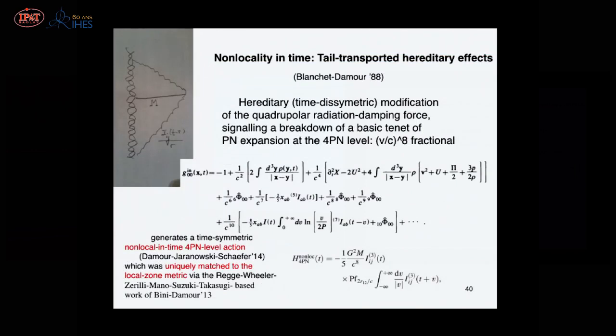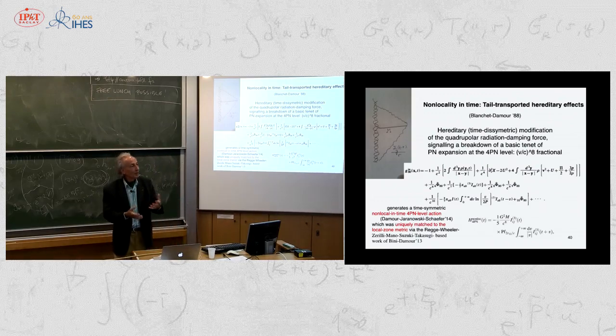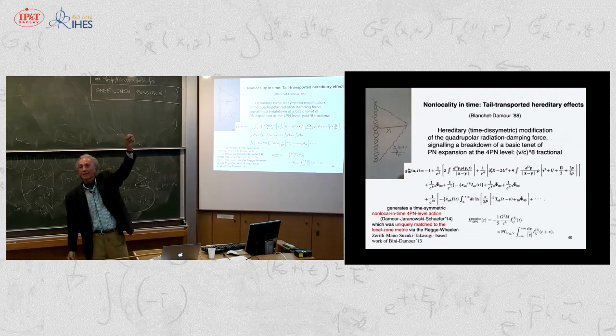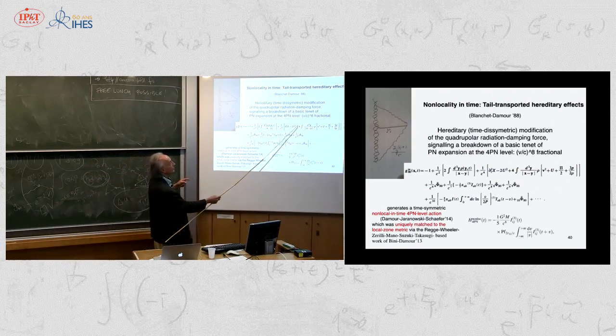And the origin of this integral is, as we had understood in 1988, that the problem of the post-Newtonian expansion is that it is only valid in the near zone, okay? And evidently, you expect that at some level, there will be something wrong with saying that everything is instantaneous, because the interaction between 2 bodies really propagates. At some level, there should be an irreducible piece which is non-local in time. But this level is the four-loop level, v8 over c8.